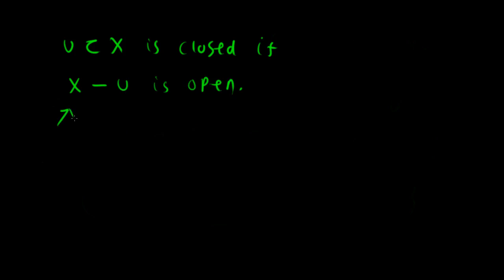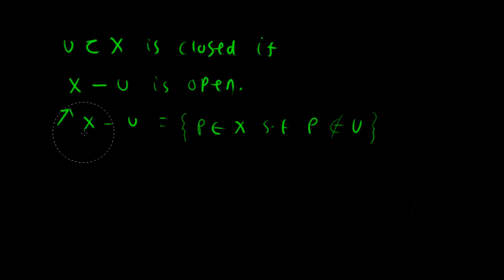As a reminder, X without U is written X minus U, and that is the set of points P in X such that P does not belong to U. So that's everything in X that's not in U. So we say the set is closed if, when you look at the stuff that isn't in that set, you want that set to be open. It seems a bit unintuitive at first, but it does work out quite well. So let's think about this with some examples.